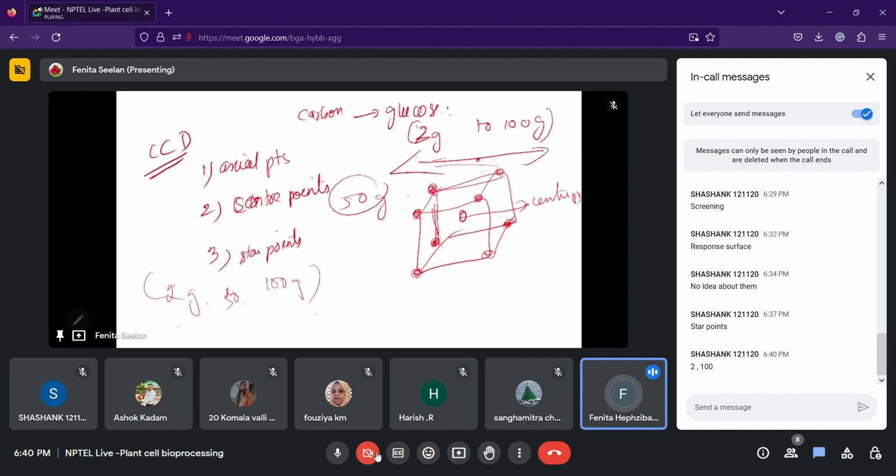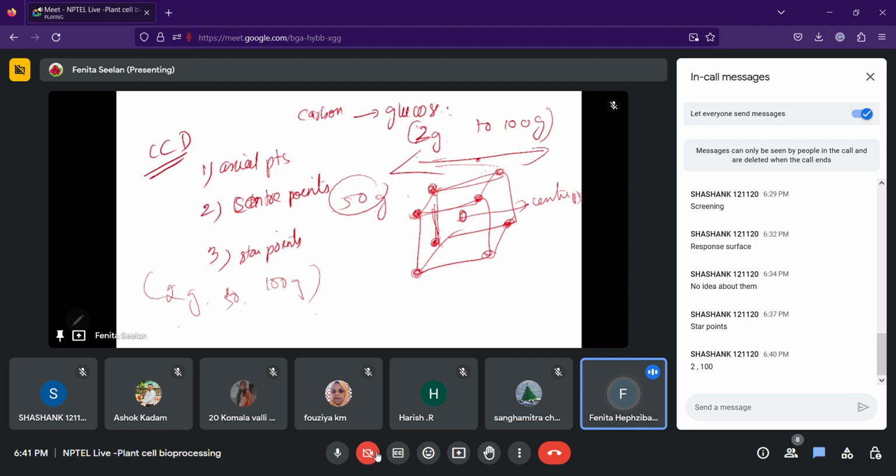We are discussing here only one factor, so don't worry about why I have put many points. It is to make you understand how, in this form, they generally represent CCD and BBD, which is Box-Behnken design. So now the center point is here, the axial point is at the corners on each side.